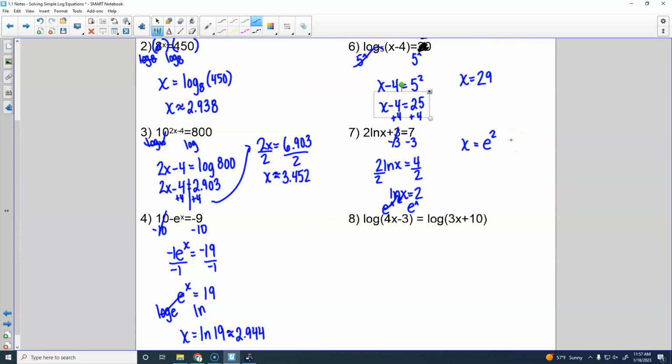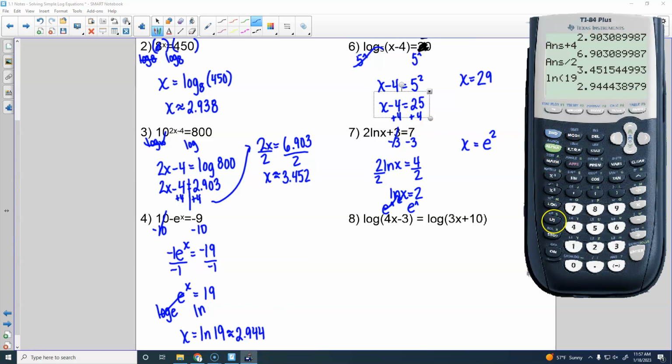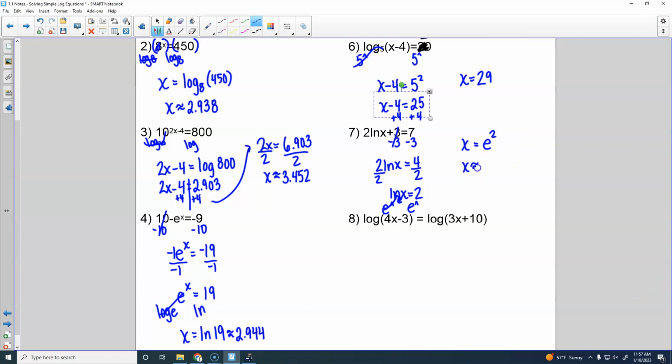It feels like e is a variable there, especially to you guys because you haven't used e a lot, but it's just a number. On your calculator, it's second and the division key that will get you e, so you'll do e to the second power. And that's 7.389. So x is about 7.389.